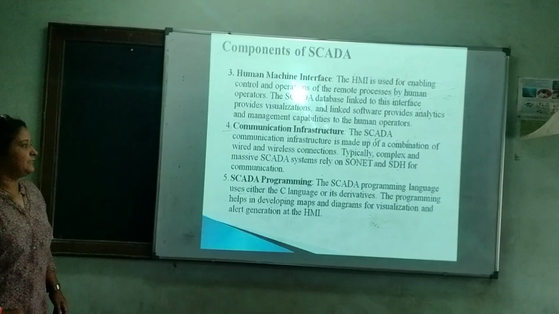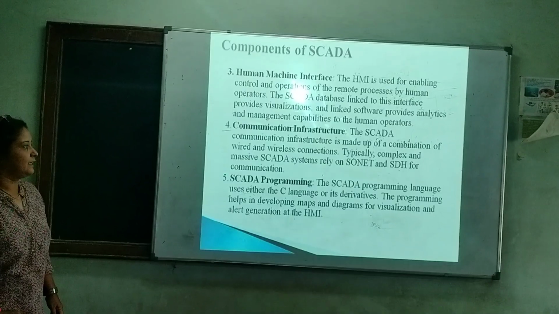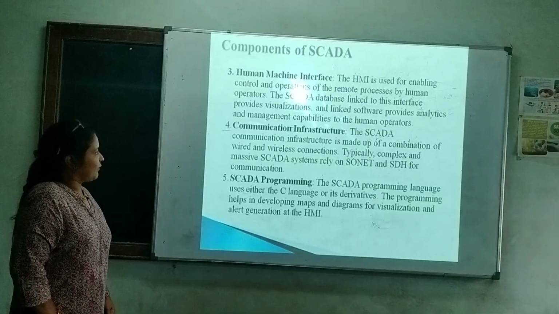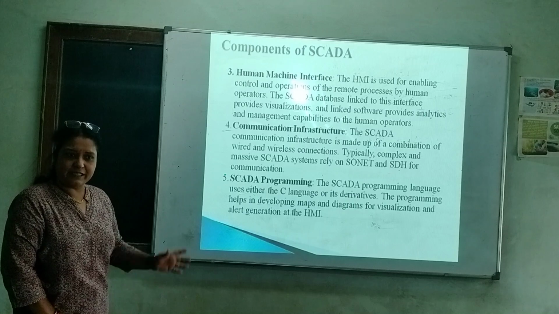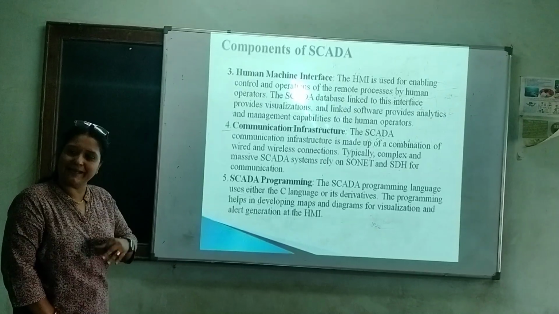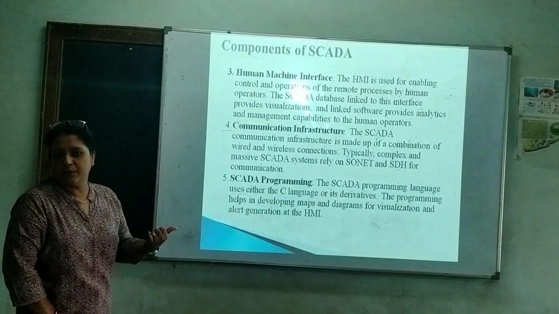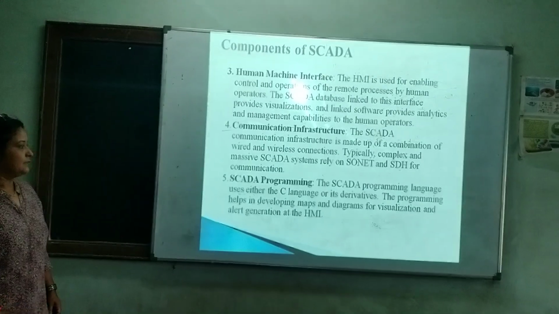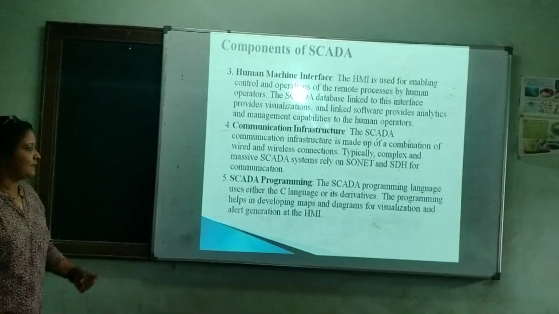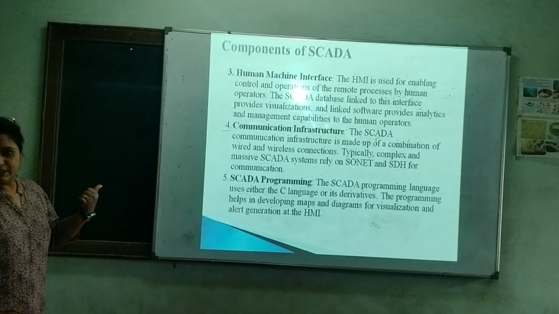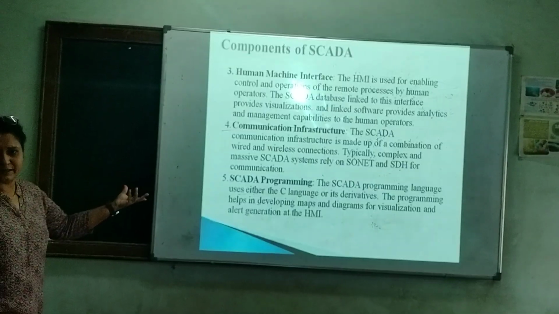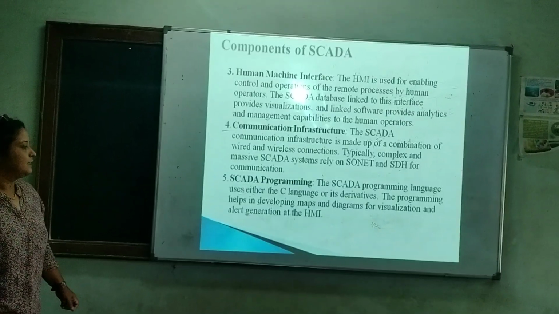And the communication interface: communication is made up of a combination of wired and wireless connections. We use both wired and wireless. And for SCADA programming, the language used is either C or a derivative of C, or other versions, for the programming of the SCADA.